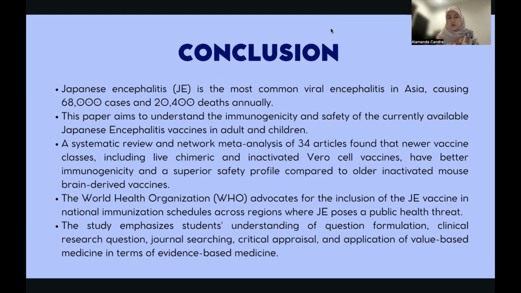A systematic review and network meta-analysis of 34 articles found that newer vaccine classes such as live chimeric and inactivated Vero cell vaccines have better immunogenicity and superior safety profiles compared to older inactivated mouse brain-derived vaccines. The World Health Organization advocates for the inclusion of the Japanese encephalitis vaccine in national immunization schedules across regions where Japanese encephalitis poses a public health threat.